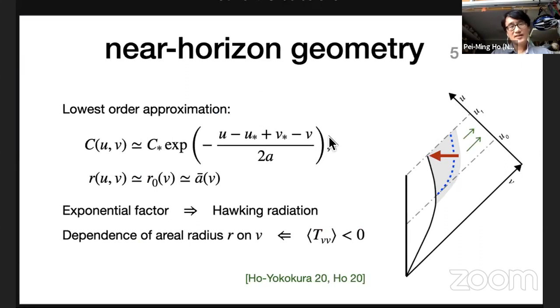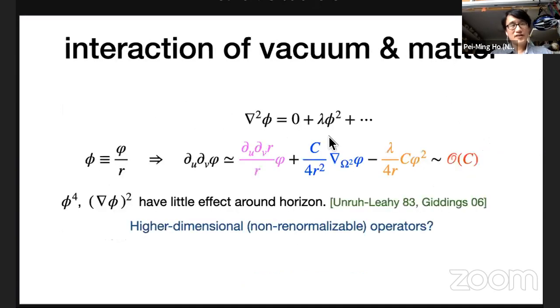Now let us look at the other thing we want to explore, which is turning on non-renormalizable interactions. We mentioned in our last talk that people have considered interaction terms. However, around the near horizon region, those interaction terms have very little contribution, so you can ignore them.